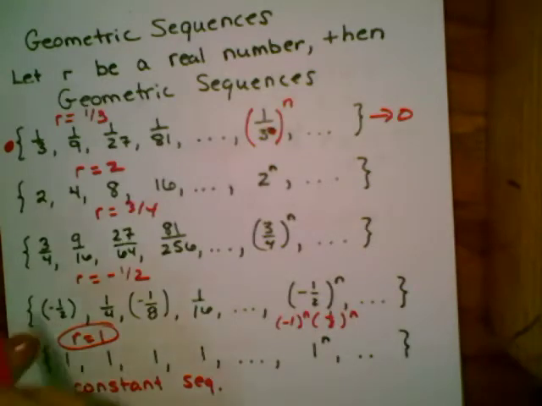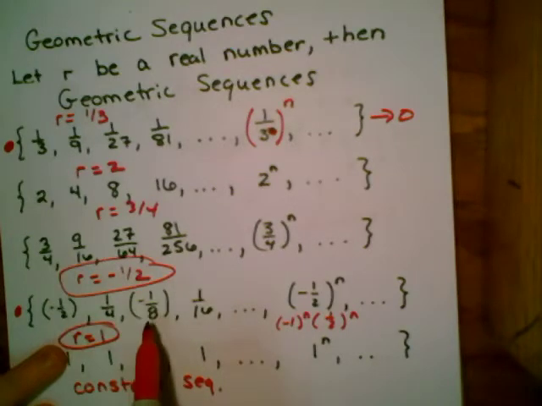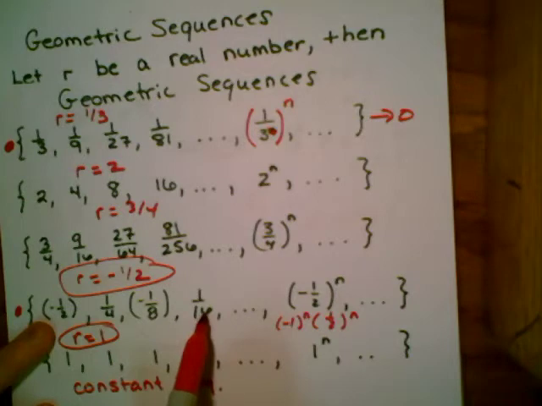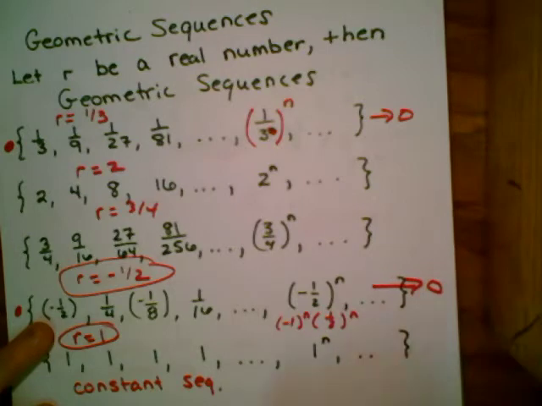And even in the fourth example, where R is -1/2, it doesn't matter that the signs of the terms are oscillating. The magnitudes go to 0, and this will converge to 0.